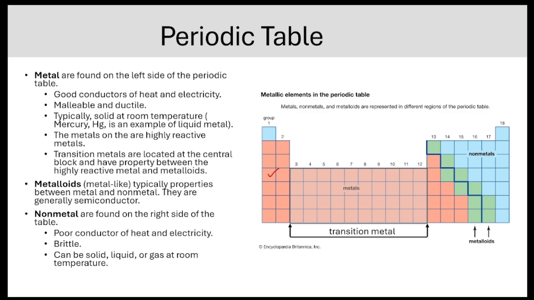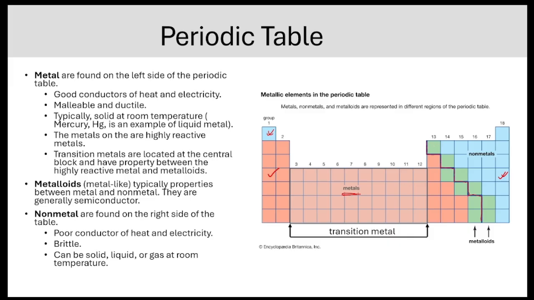This red or orange color, all the elements in this color are metals, and then all this blue color are non-metals.